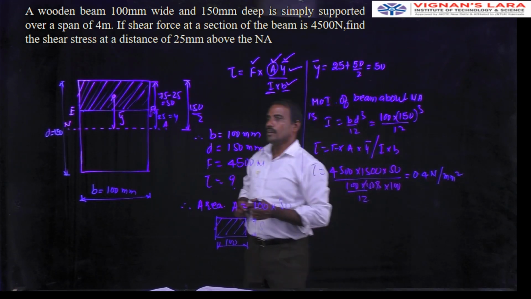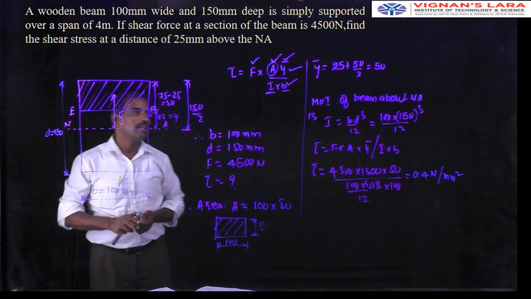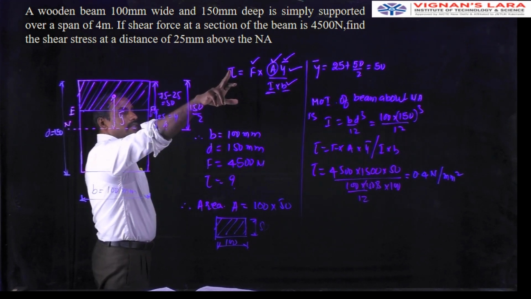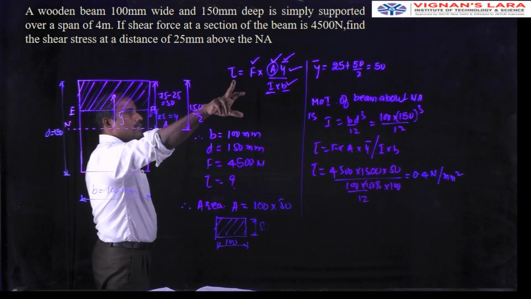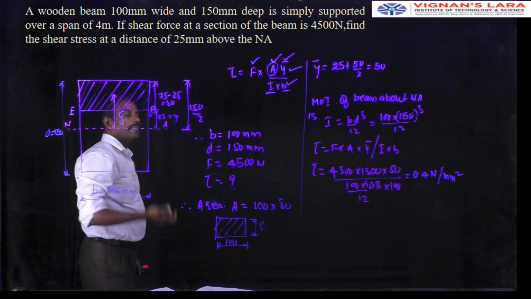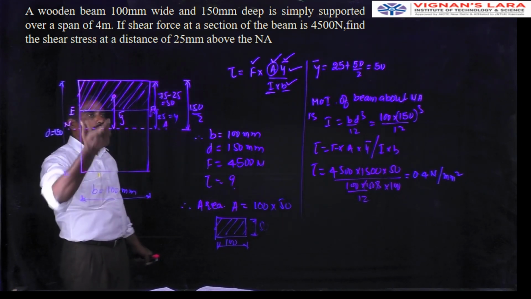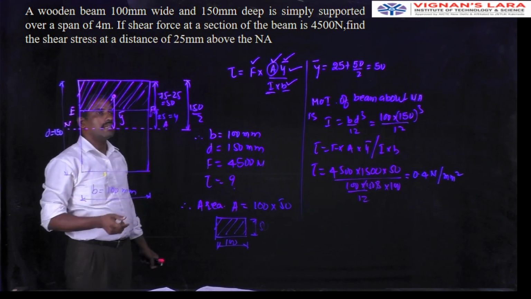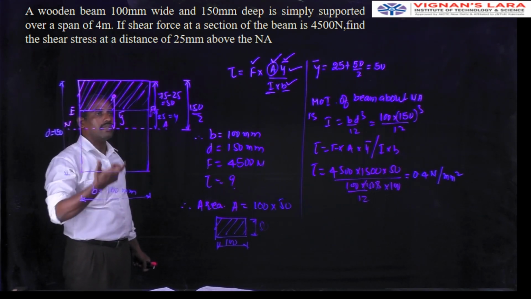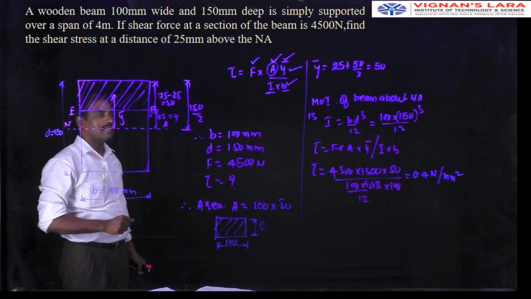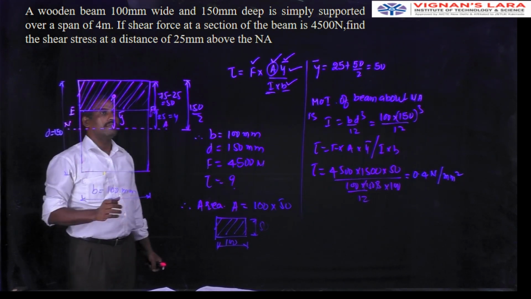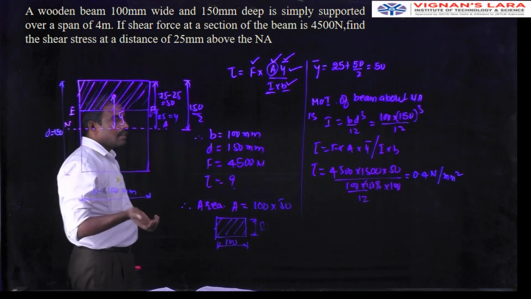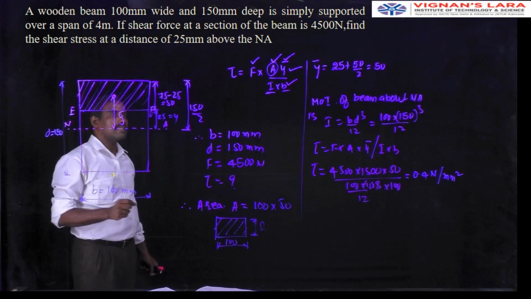So simply what we did, we derived the equation for the shear stress considering a simply supported beam subjected to uniformly distributed load over the entire length, in which we have taken a part of length dx, and the moments at the section AB as well as CD, and the shear force as well as the bending stresses.